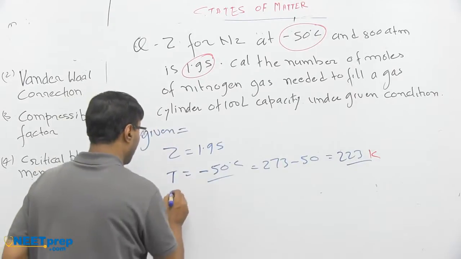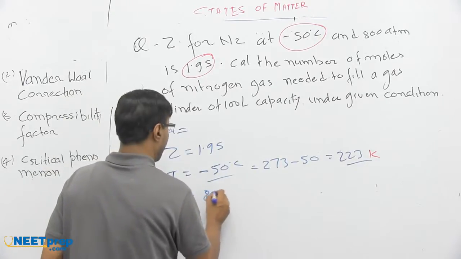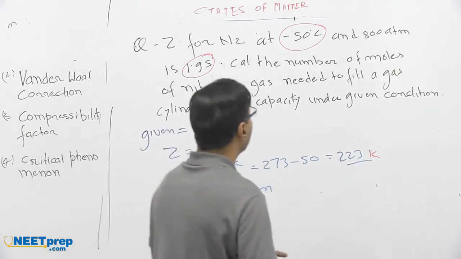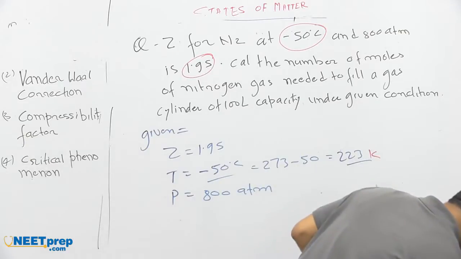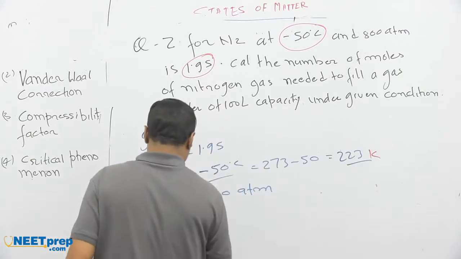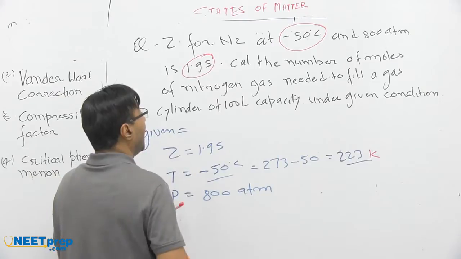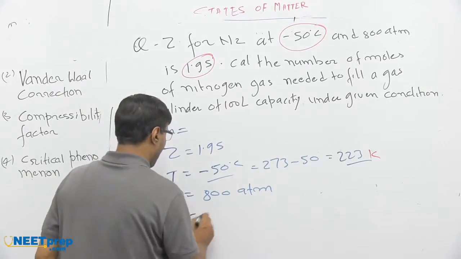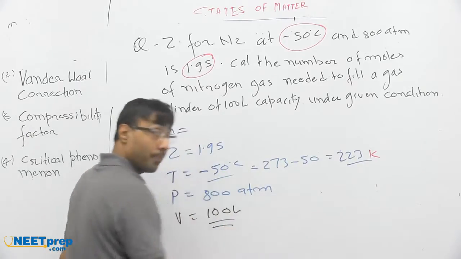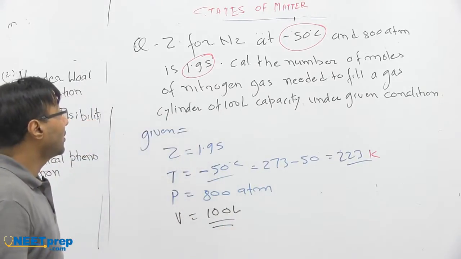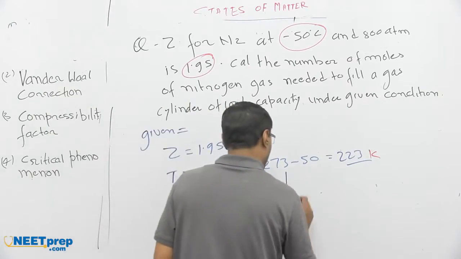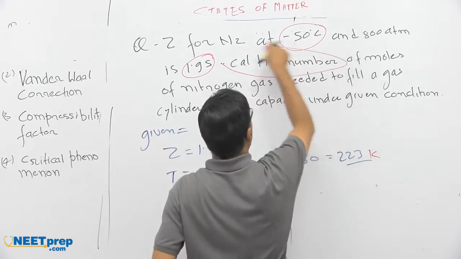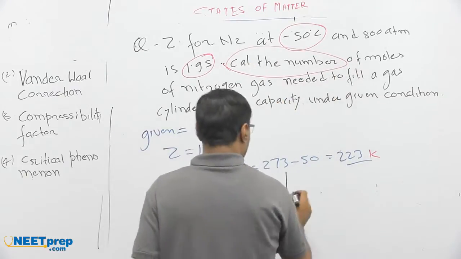Pressure is 800 atm. Volume is 100 liter capacity. So what we need to find? We need to find the number of moles.